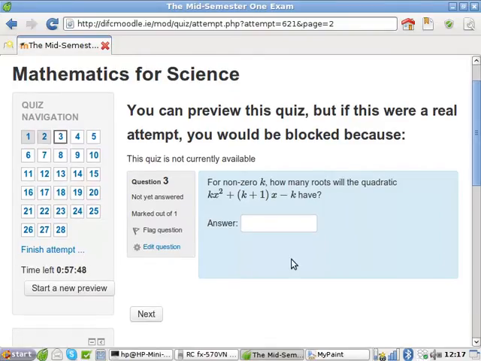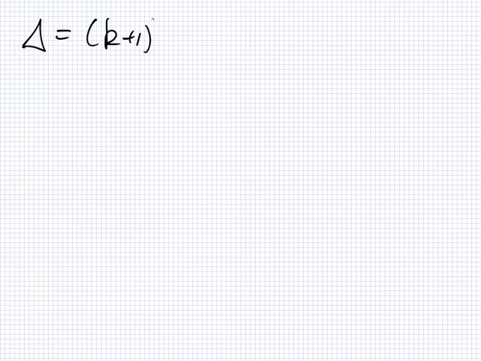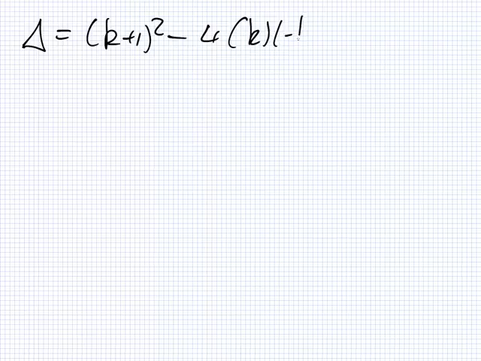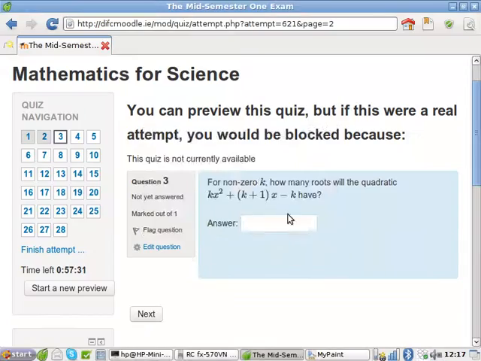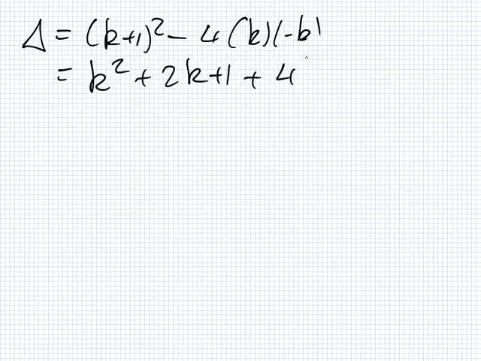For non-zero k, how many roots will this have? Well, we need to use the discriminant here. So that's b squared minus 4ac. Yep. k squared plus 2k plus 1 plus 4k squared.